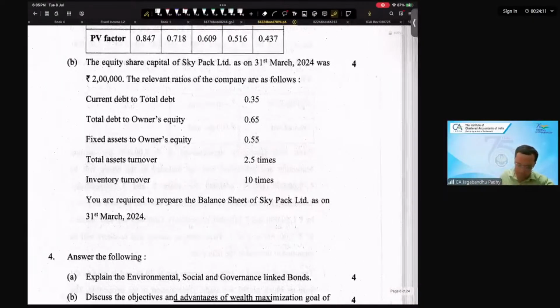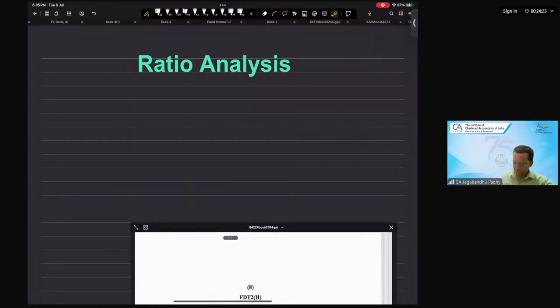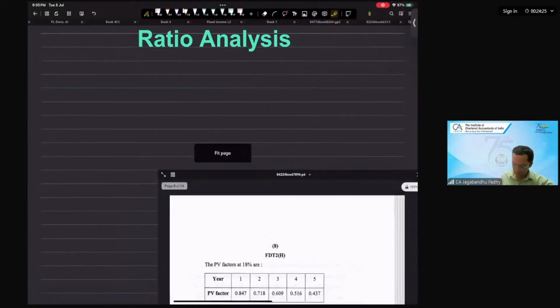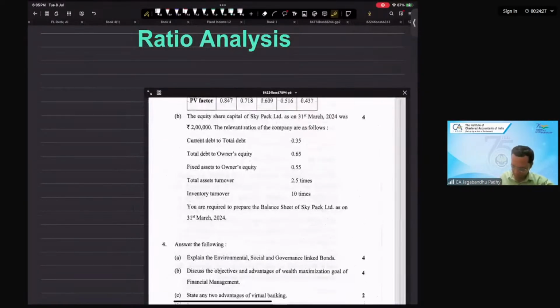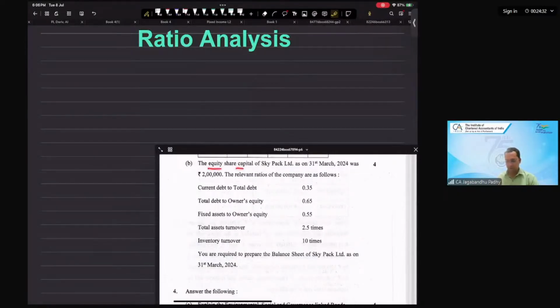So let me just take this question. Okay, here we have this B part. The equity share capital of Skypack Limited as on 31st March 2024 was 2 lakh.